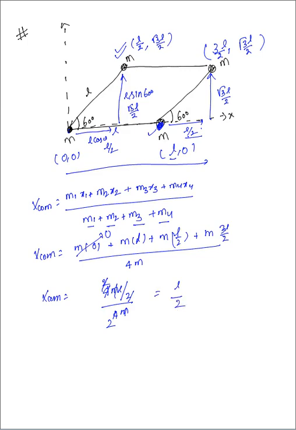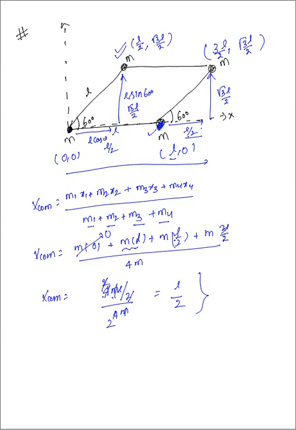Let me check once again. ML plus 3ML, ML by 2 plus 3ML by 2. 3ML by 2 plus ML by 2 is nothing but 4ML by 2. 2 1 ja, 2 2 ja. So 2ML. 2ML divided by 4M. 1M will get cancelled. 2M we got it. L by 2. Yes, if you observe here, just this ML we skipped here.